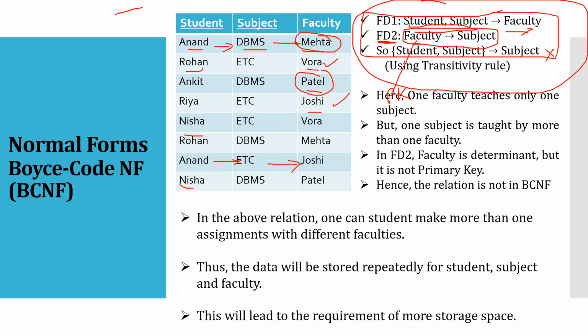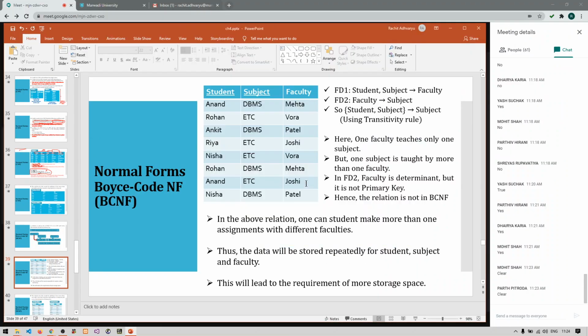So can anyone give me the answer for this? What can be the probable solution of this? Split the tables into two tables such that if you have some dependencies, then the determinant is a primary key. You have only two primary keys in your table. Can anyone give me the answer?